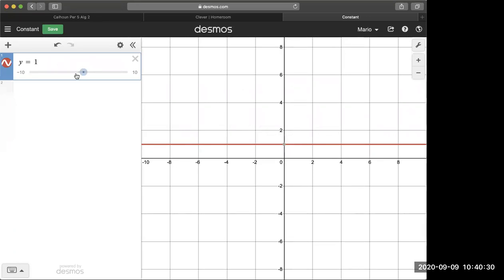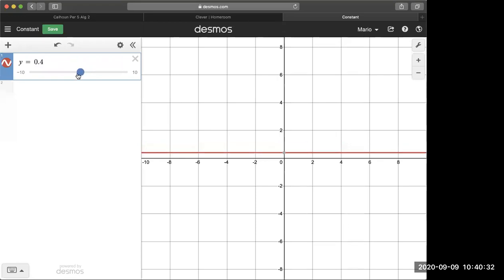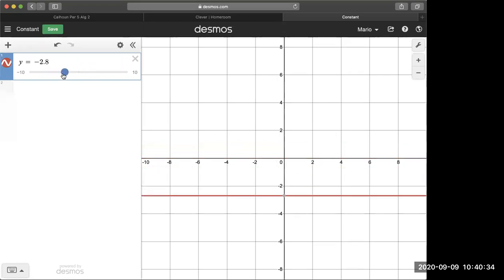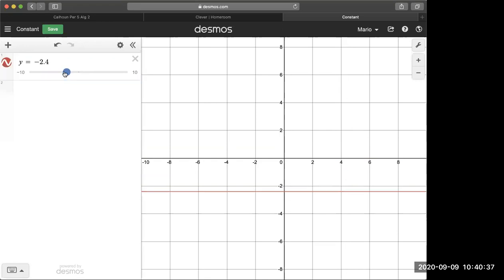That's why, with constant functions, the only thing we need is to make sure our y value is, in this case, -2.4. No matter where we go, our y value is -2.4. So a constant function is y equals some constant value, not a variable, or f of x.